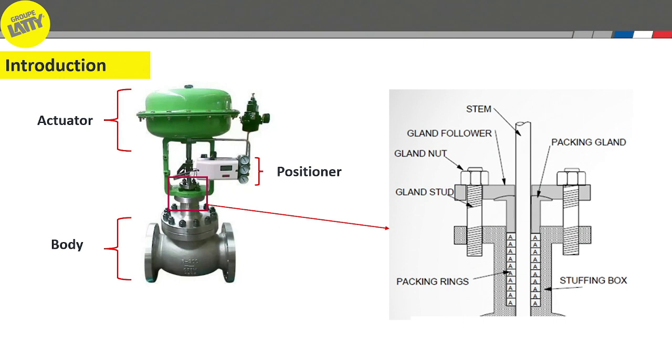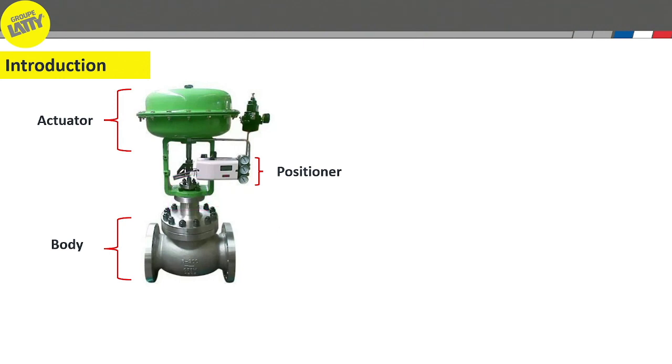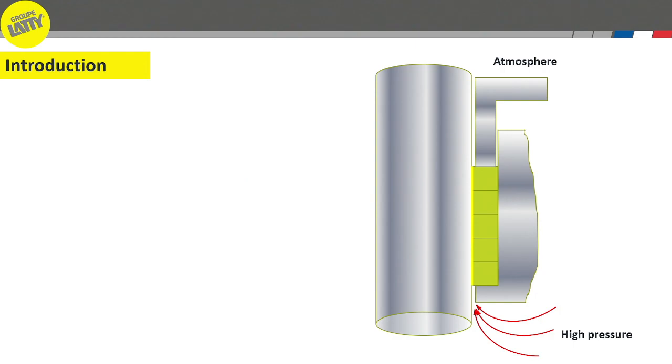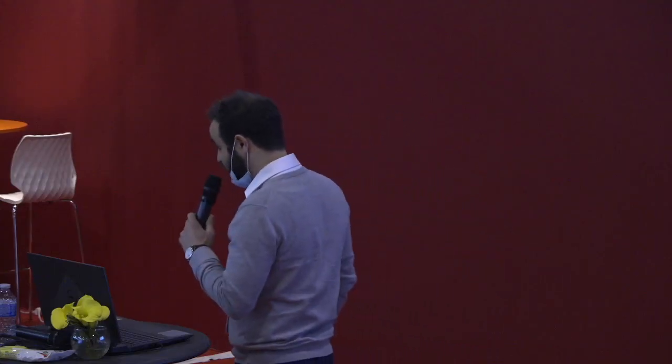And a packing is generally composed of rings stacked in the stuffing box and compressed by means of a gland follower, due to the force and effort generated by the tightening system. The basic composition of packing is shown here, and the ultimate goal with such a sealing solution is to prevent fluid escaping from a high pressure confined fluid to the atmosphere environment.